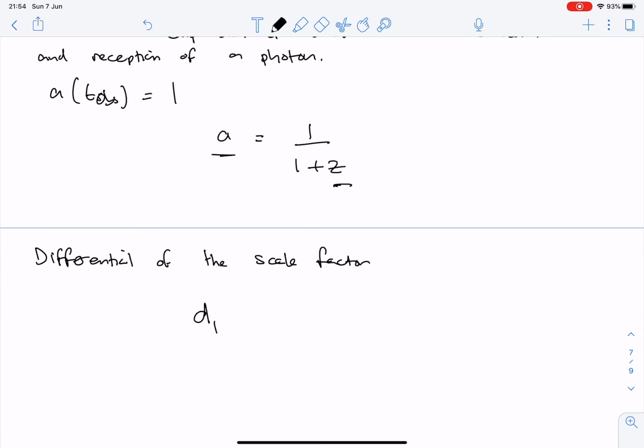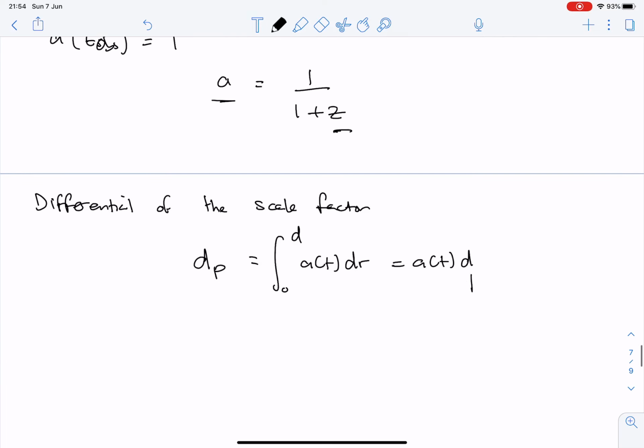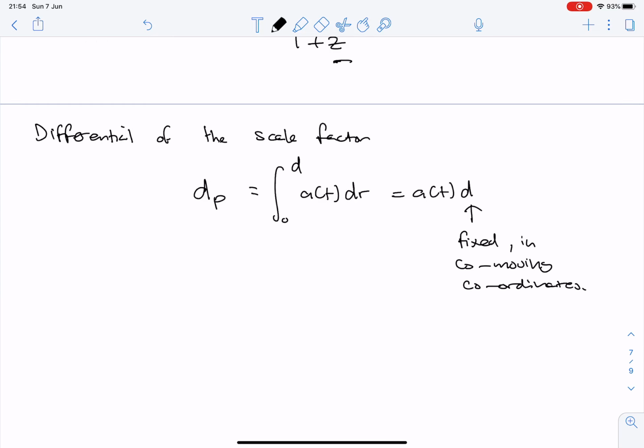So the proper distance, dp, is just equal to the integral of a of t times dr, and the radius here is just d, it's fixed, it's in co-moving coordinates. So in other words, you get the proper distance just from the change in scale factor. So what we want to do is now measure the change in dp.